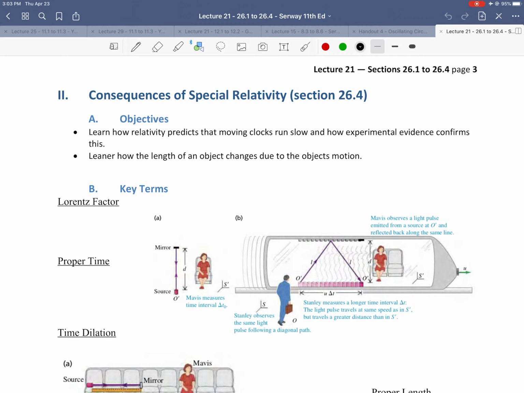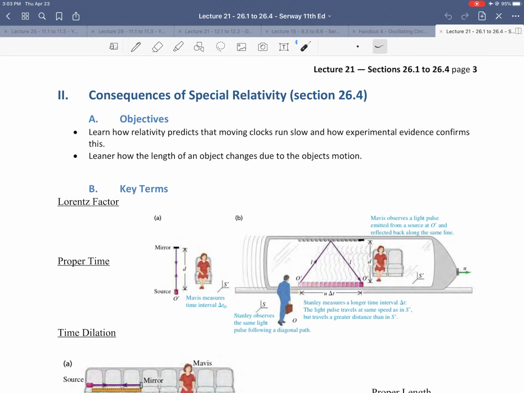In this part of the lecture notes and in these videos, we're going to get on to discussing the consequences of special relativity. In other words, we're actually going to make calculations using the theories of special relativity because, as you've noticed so far, we've just been discussing the idea and the theory. All right, so our two objectives are to learn how relativity predicts that moving clocks run slow and how experimental evidence confirms this.